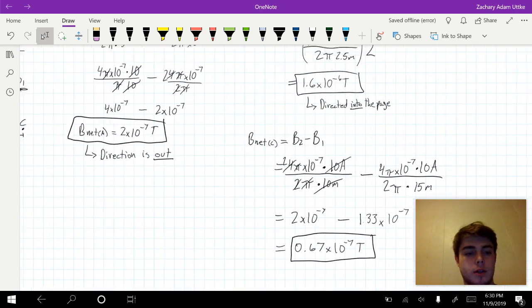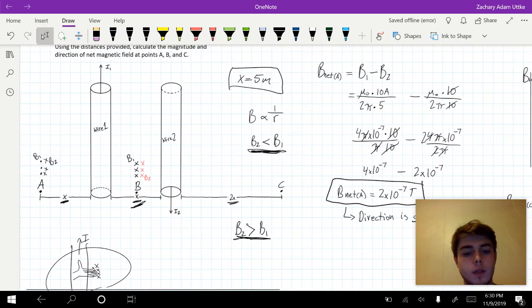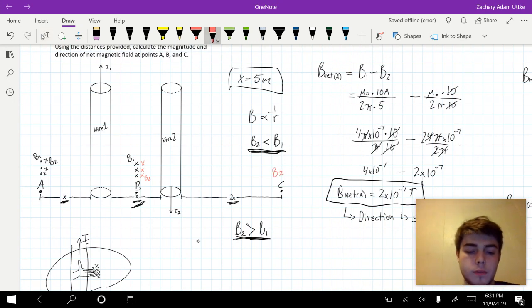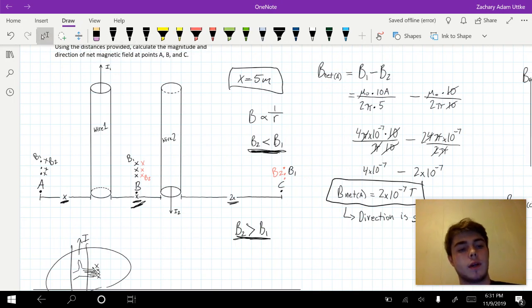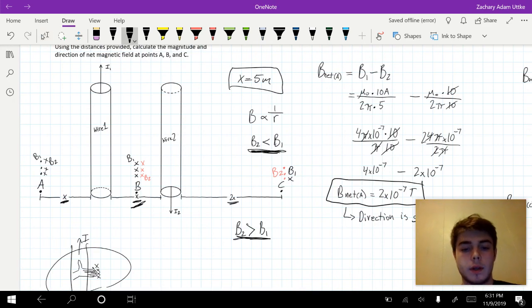And for the direction of it, because wire 2 is closer and stronger, if we use our right hand rule, we see that B2 is coming out of the page. And if we do the same thing, we look at how B1 is directed, we see that it's going into the page.